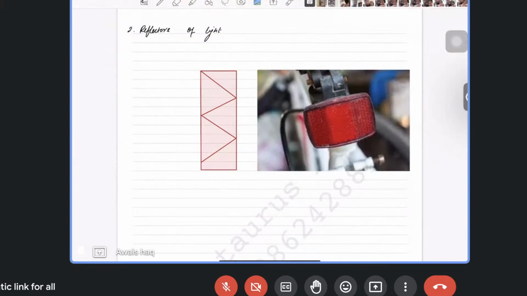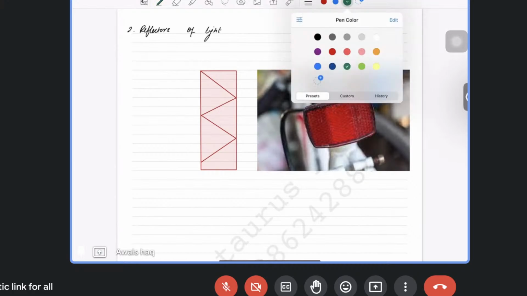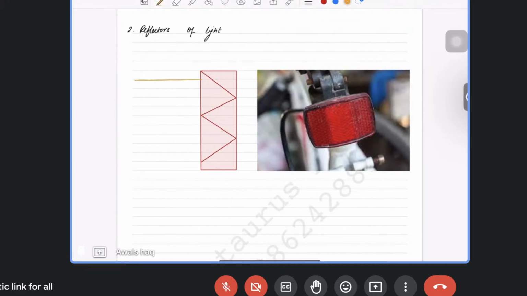Why they're so important is because they reflect the light of any car that is coming from behind. And how do they do it? Basically, they use plastic or glass usually, and when the light from a car is incident on it, it goes straight, for example this light is coming, so here it reflects back, and then it totally internally reflects, and then you make a normal, and then it reflects back.